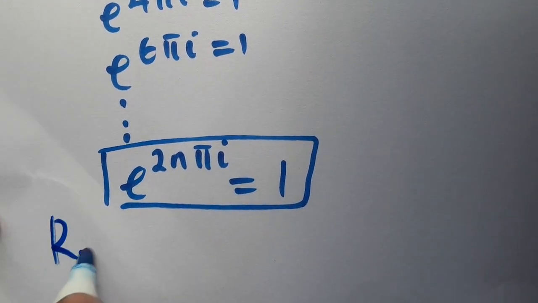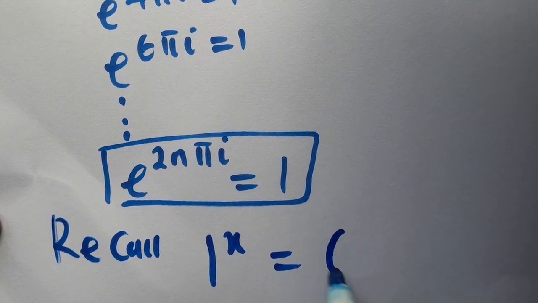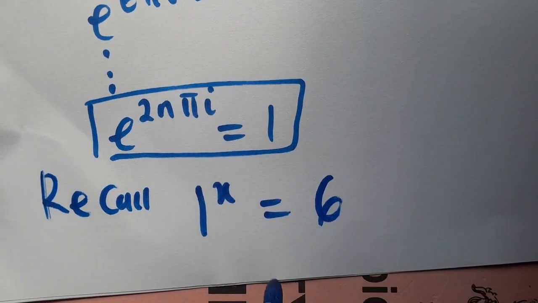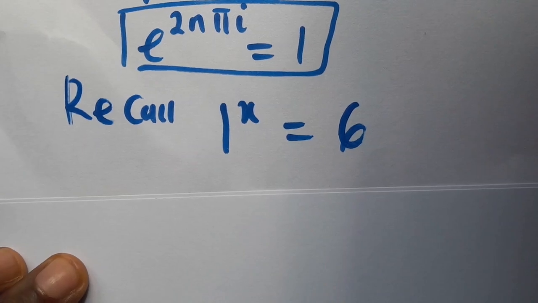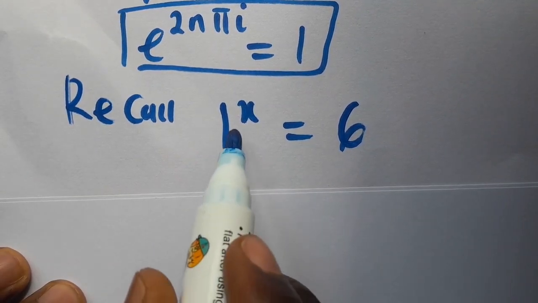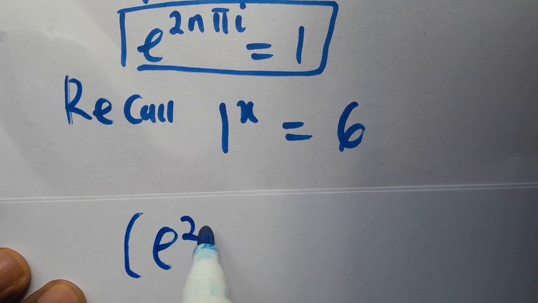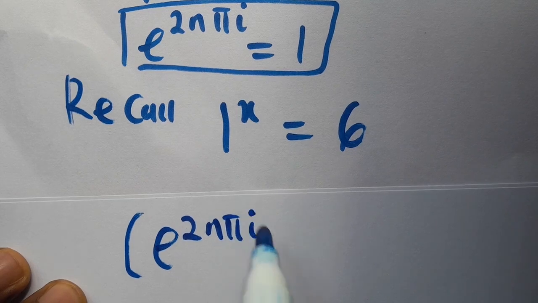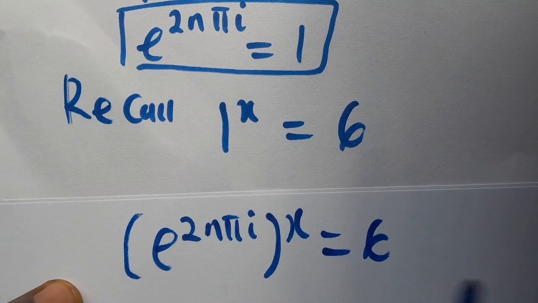Recall that we have 1 to the power of x equals 6. Then our 1 equals this. I told you earlier that there is no real solution, but you can use a complex solution now. Instead of 1, we have e to the power of 2n pi i, then to the power of x equals 6.